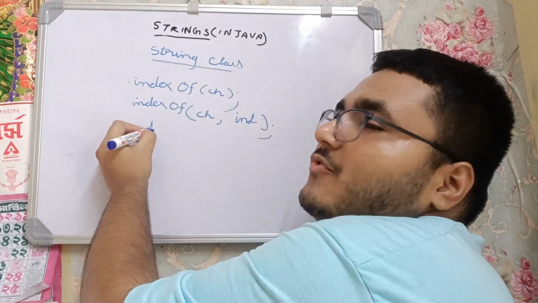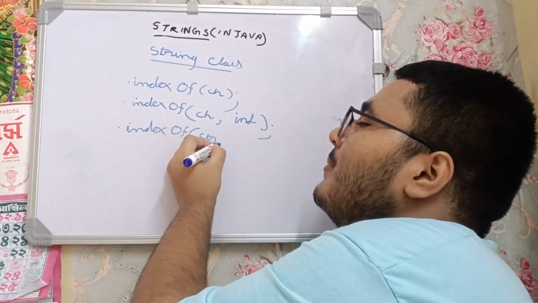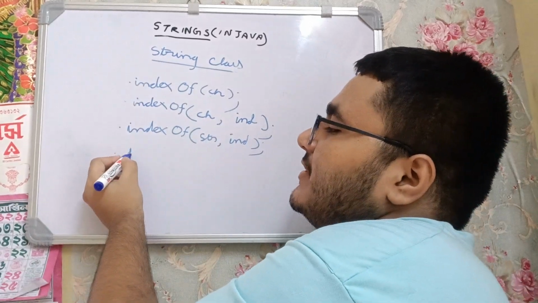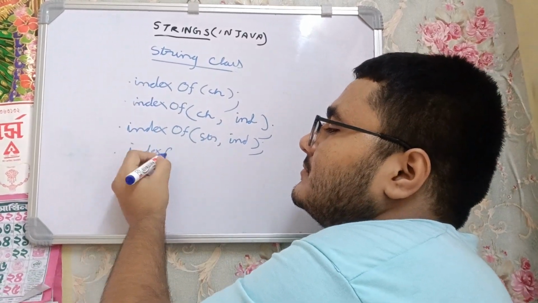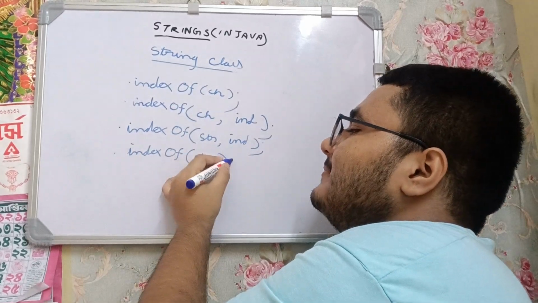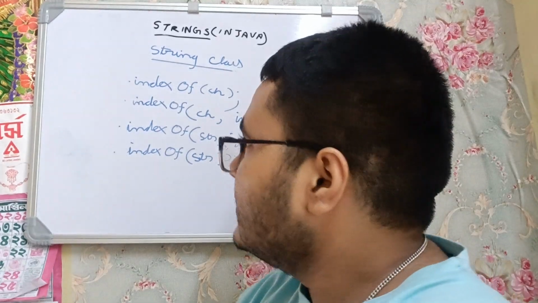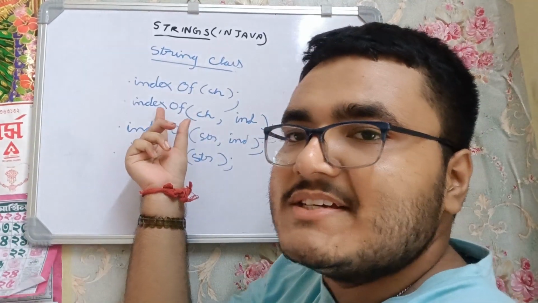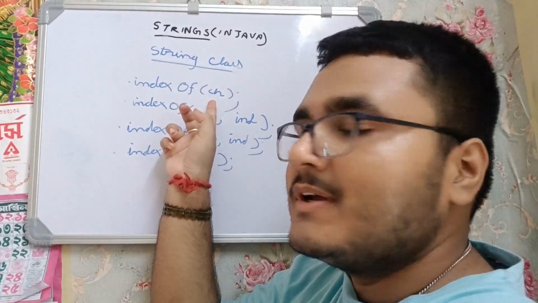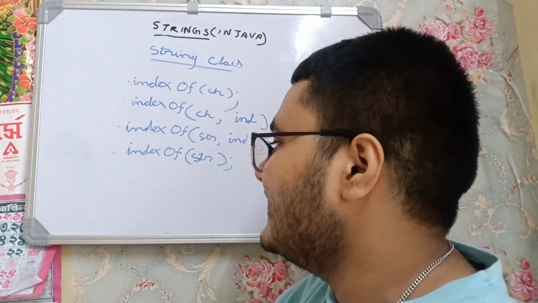Note down these forms of indexOf: indexOf(ch), indexOf(ch, index), indexOf(str), and indexOf(str, index). So see, indexOf(ch), what will it do? It will actually pick out the index of a single character.